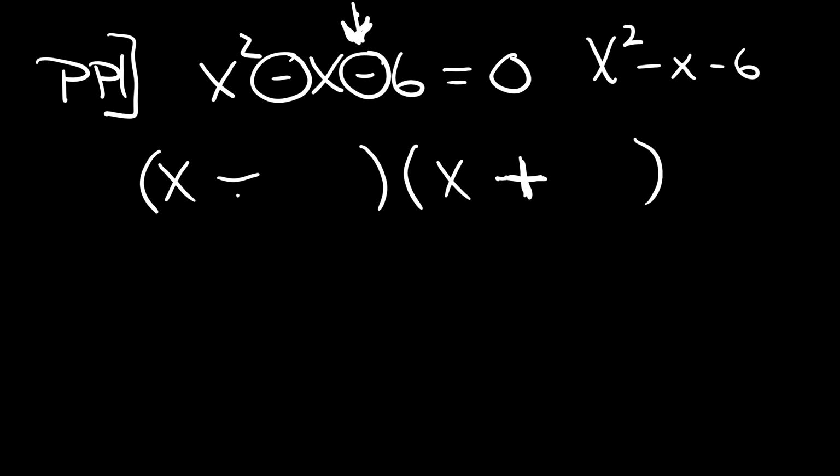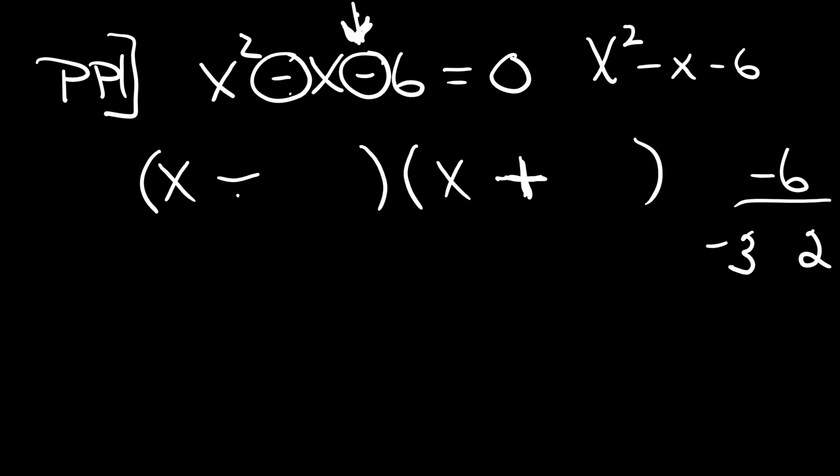All right, so now I've got negative 6 here as my number. And what two numbers are going to give me that negative 1x in the middle? All right, so it would have to be 3 and 2 with the 3 being negative.